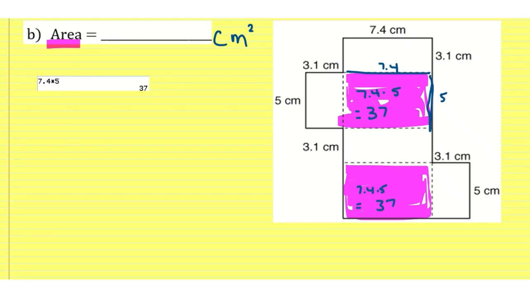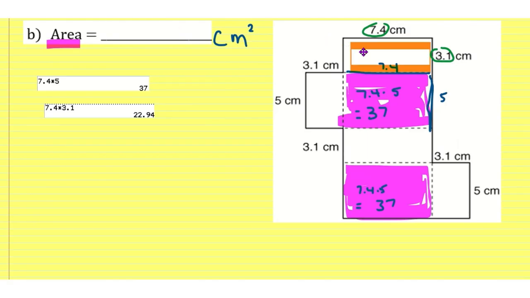Okay, so the next space, I've got this space up here, this rectangle, and it's going to be 7.4 times 3.1. So if we calculate that, that is going to give us an area of that space of 22.94.